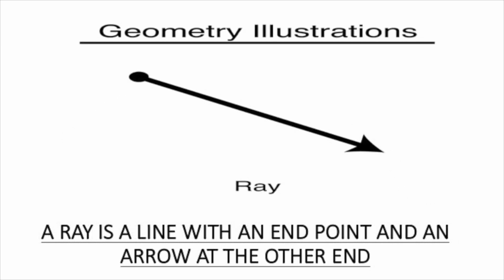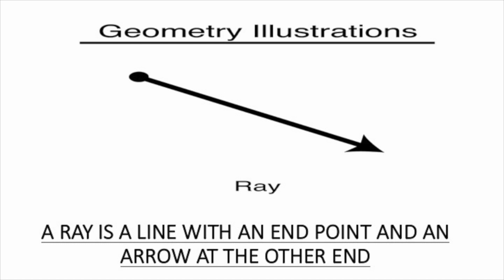Now, next one, ray. A ray is a line with an endpoint and an arrow at the other end. What does the arrow tell us? The arrow tells us the line is continuing.